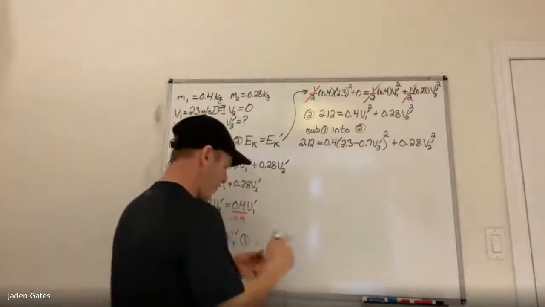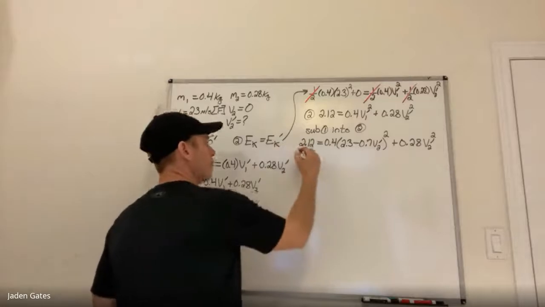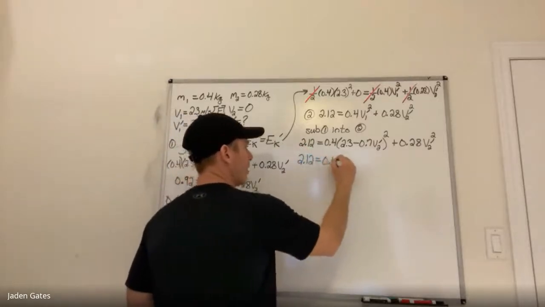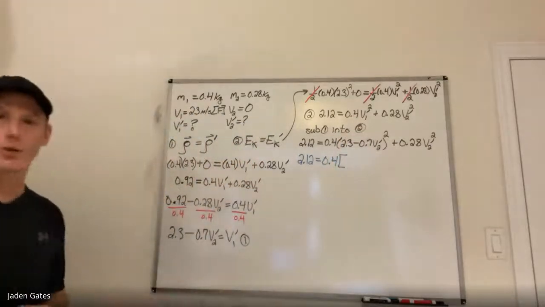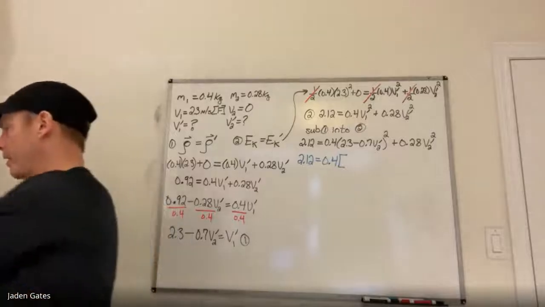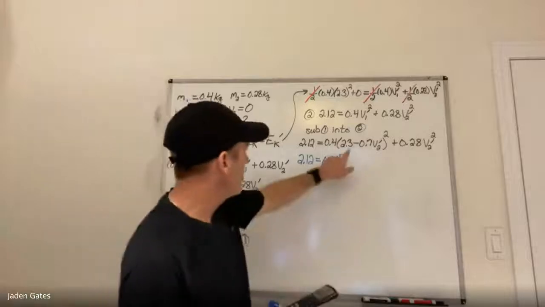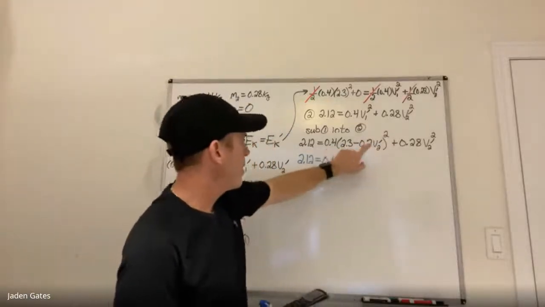All right, so here we go, and I'm going to change colors here because things are getting jumbled up. All right, so I have my 2.12 equals 0.4. Now I have to square all of this, a binomial squared. Teaching math all the time, I understand that a lot of people don't know how to do a binomial squared. But I'm going to square this term, then go 2 times this, and then square this term.